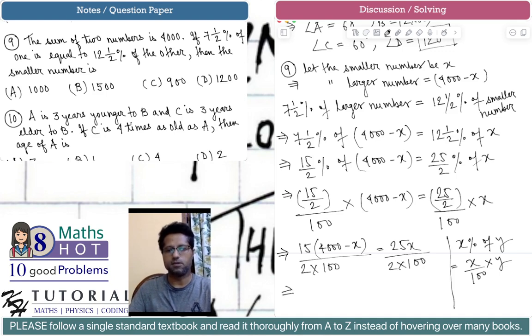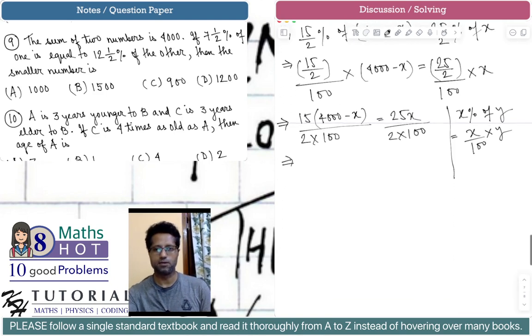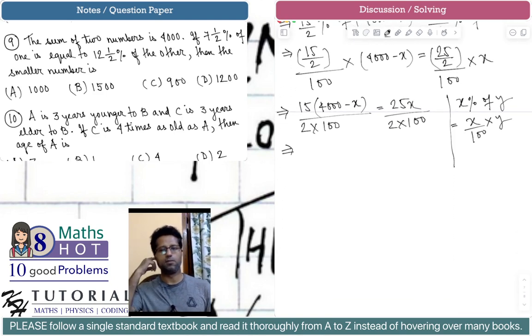Now both sides of the equation are rational terms where the denominators are the same, that is 2 into 100.